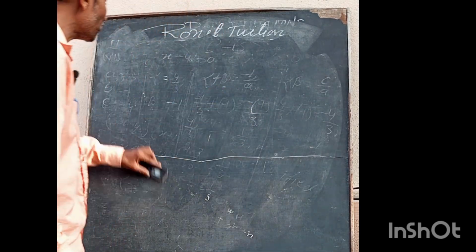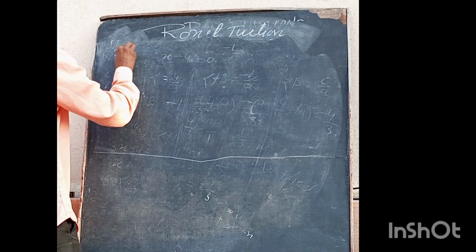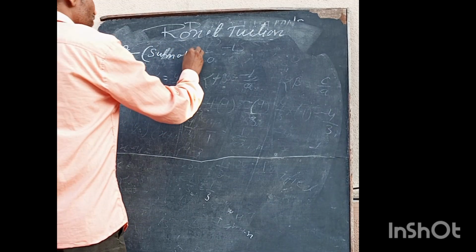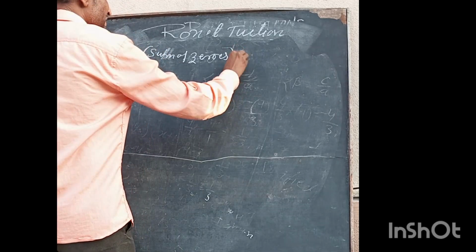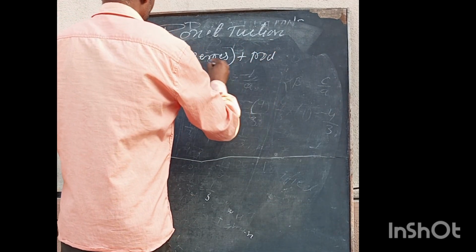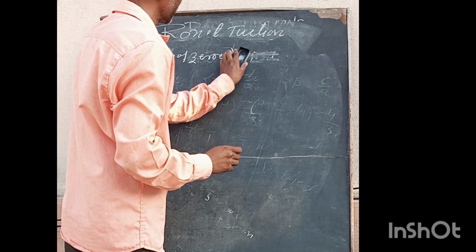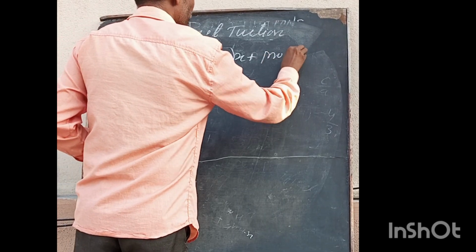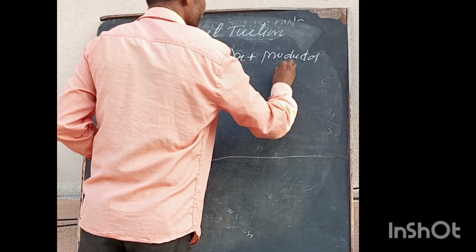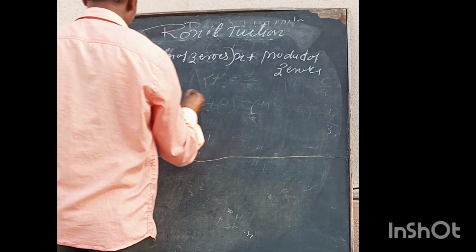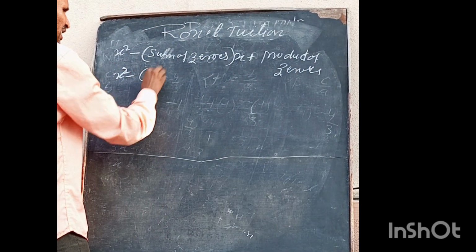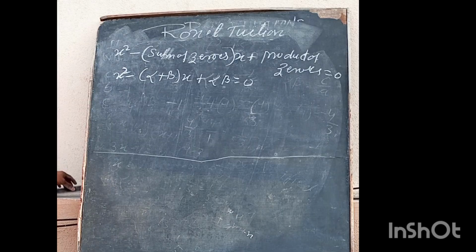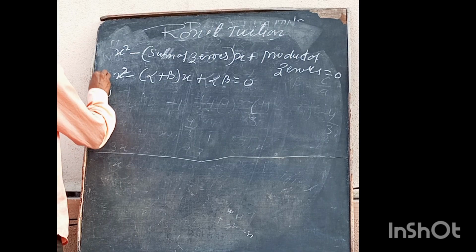To form the quadratic equation we can directly write the formula: x square minus the sum of the zeros, alpha plus beta, into x plus the product of the zeros, alpha beta, is equal to 0.